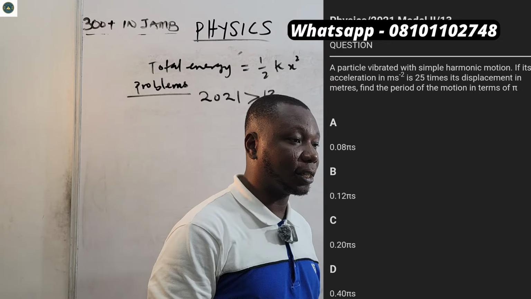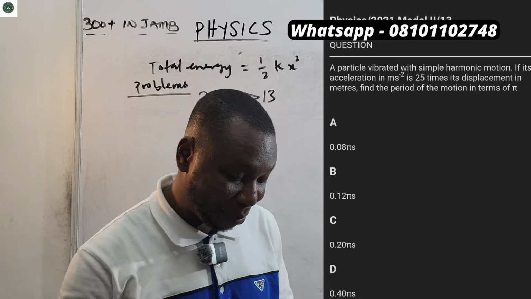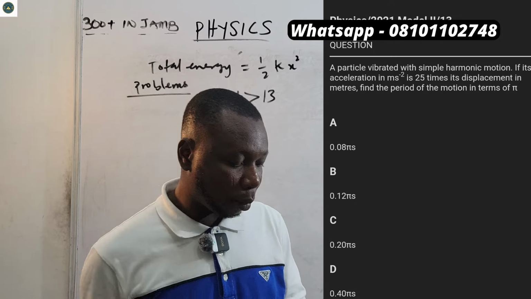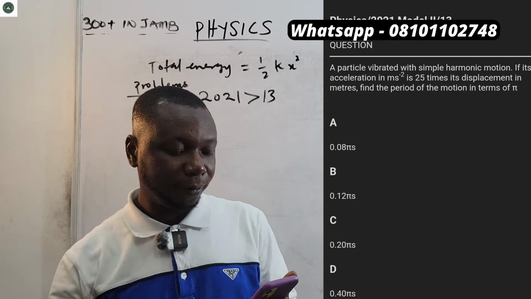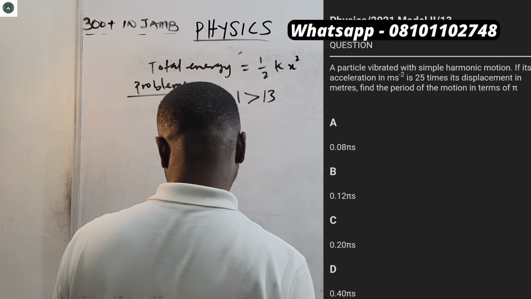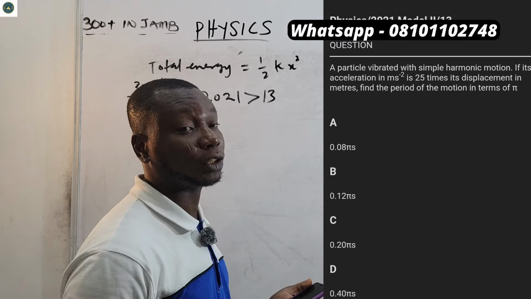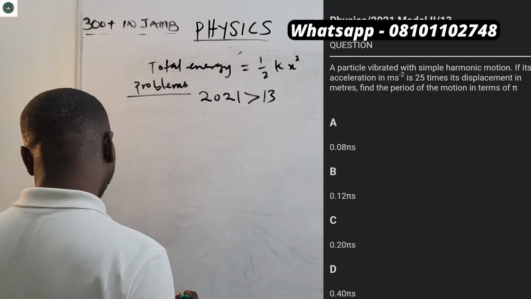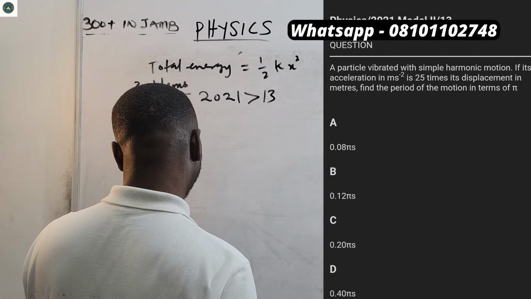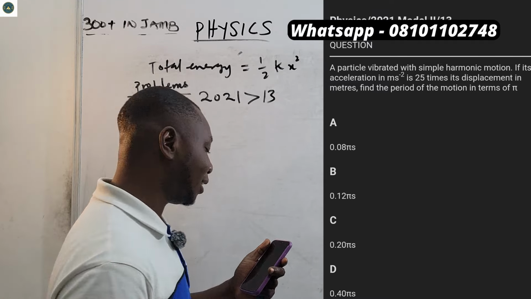A particle vibrates with simple harmonic motion if its acceleration is 25 times its displacement.